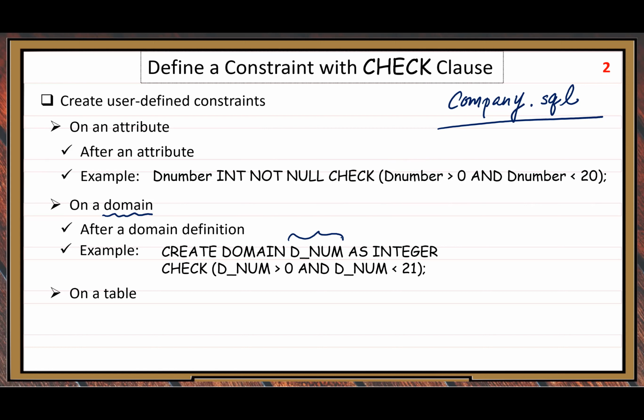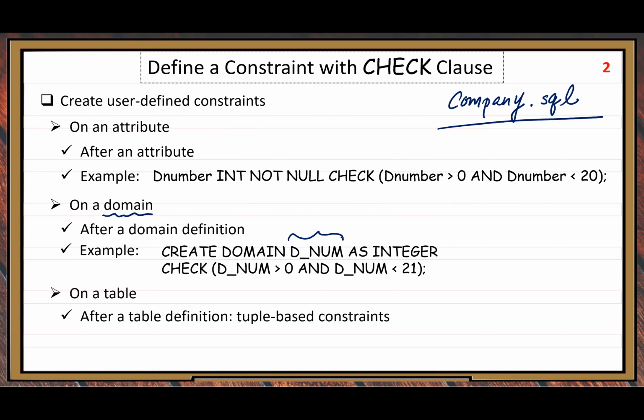Case number 3, on the table. Now we define a special constraint that is applied on one table. After a table definition, we make tuple-based constraints.